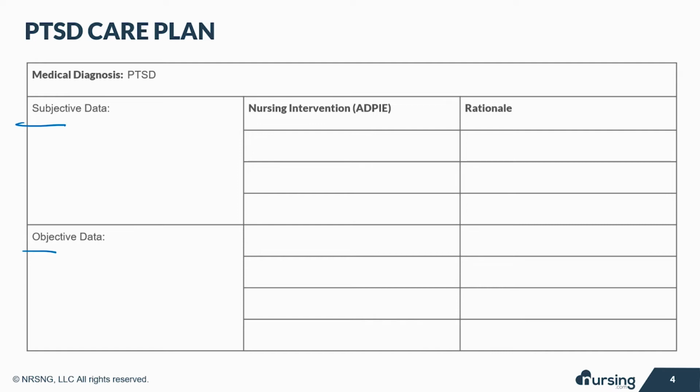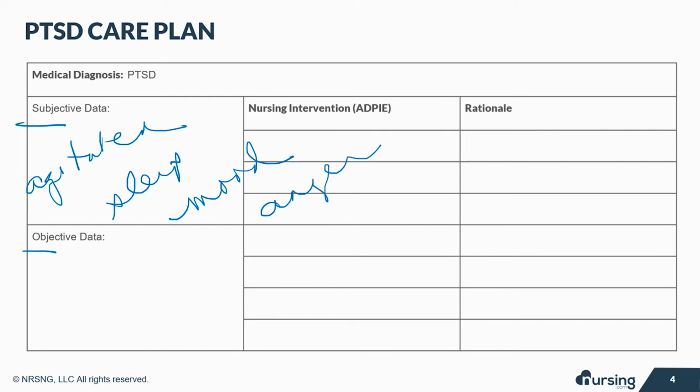Now remember, subjective data are things that are based on your patient's opinions or feelings. A patient with PTSD may express irritability or being easily agitated, difficulty sleeping or nightmares, mood swings, outbursts of anger, difficulty communicating with others, impaired relationships, and loss of memory.